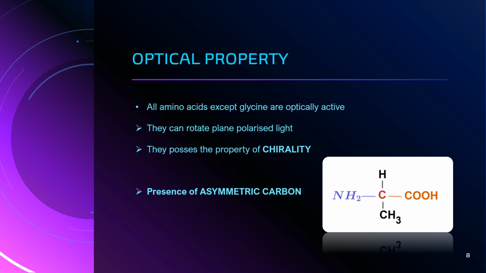Molecules that are not chiral are said to be achiral, and they don't possess optical rotation, which means they are optically inactive. So, all amino acids except glycine are optically active, because in glycine there is no chiral carbon.